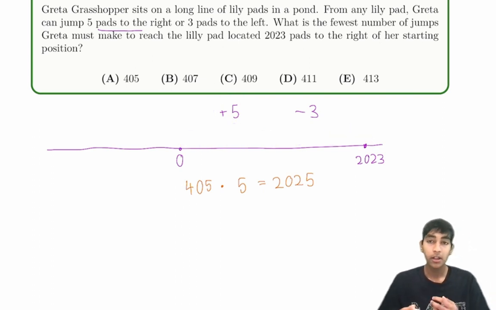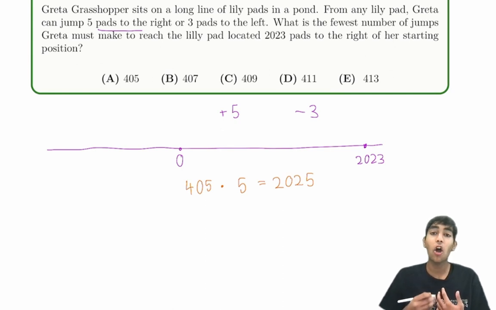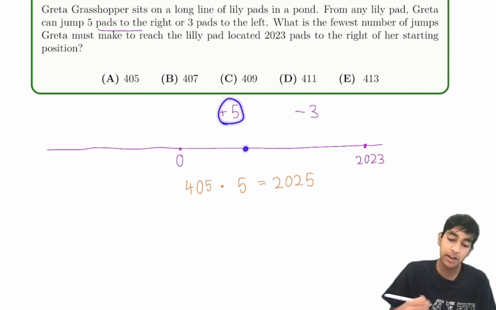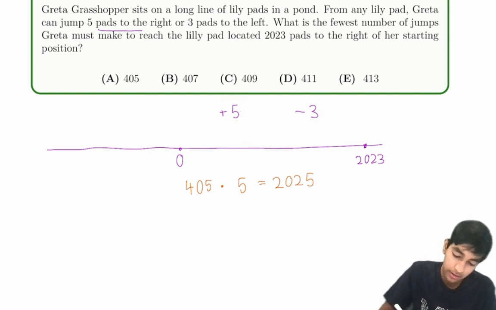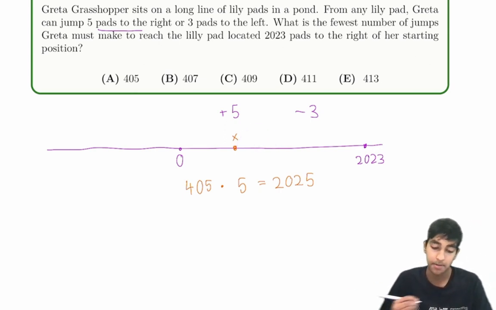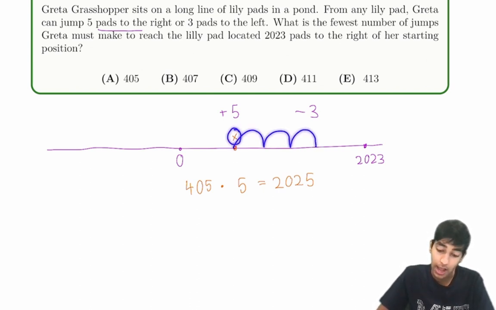Correct? So by subtracting 3, we're essentially changing our position. We're changing the remainder of our coordinate when it is divided by 5. So let's say our coordinate over here is x. Now x is moving along, plus 5, minus 3, whatever it might be. If we just take plus 5 jumps, our x coordinate will always be a multiple of 5.